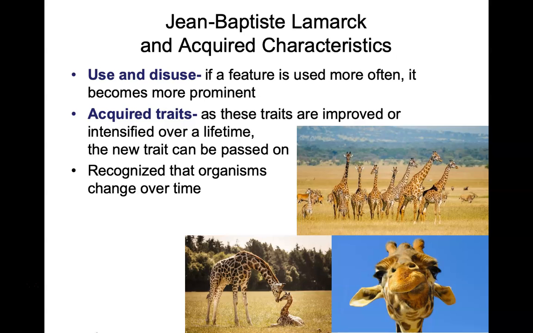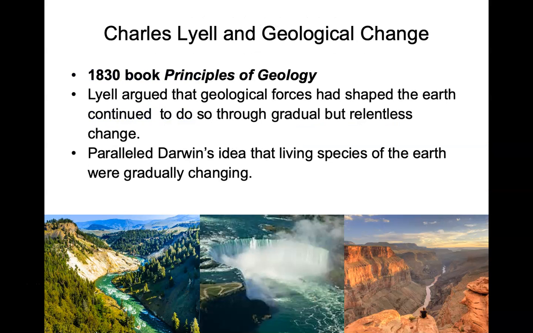Homo sapiens is the scientific name for humans. Homo is the larger group. Sapiens is our specific group. So Lamarck was not unimportant in history. He was actually quite important and influential for Charles Darwin.